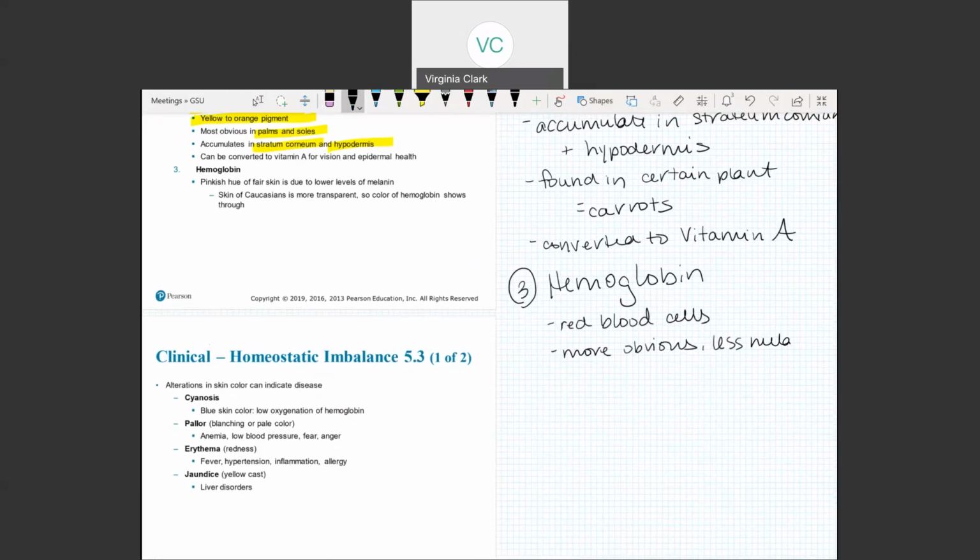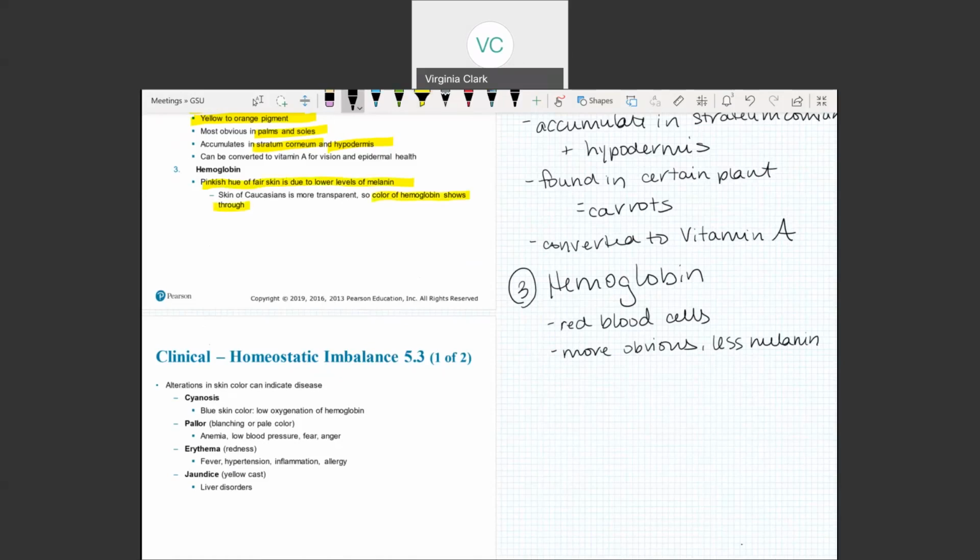The less dark pigment there is, the more obvious the red blood cells will be able to come through. So the pinkish hue of fair skin is really due to the low levels of melanin, but it's mainly because the color of the hemoglobin will actually show through.